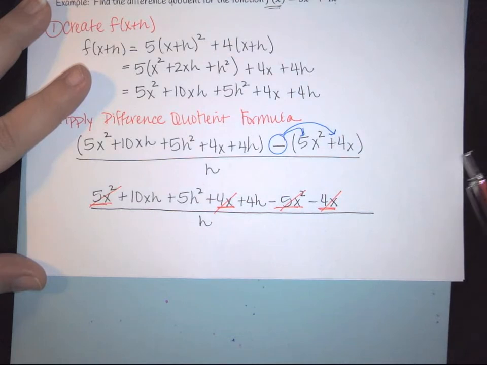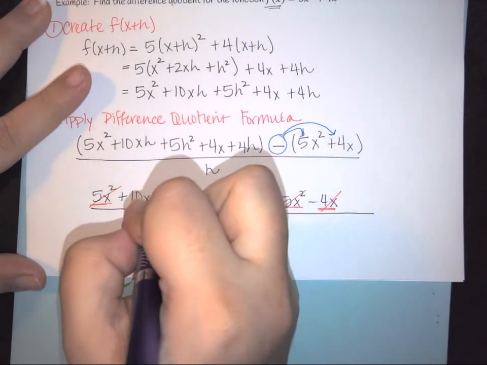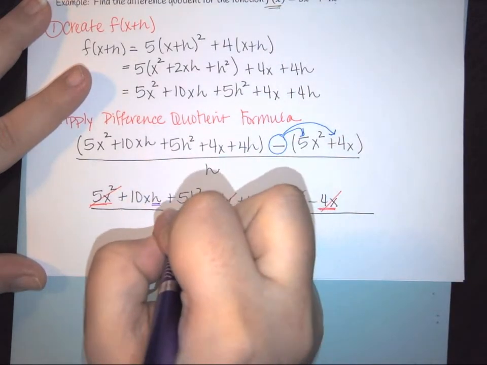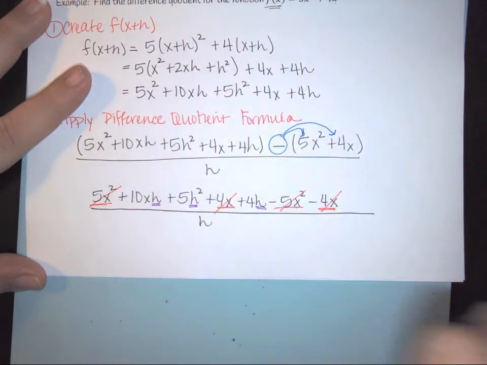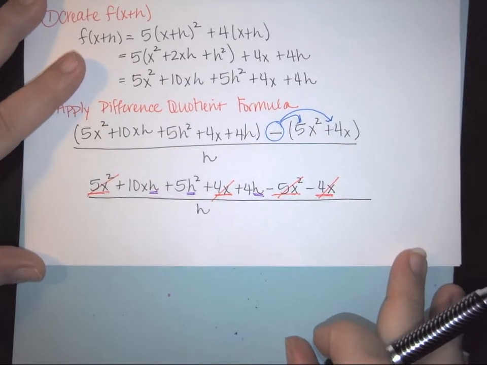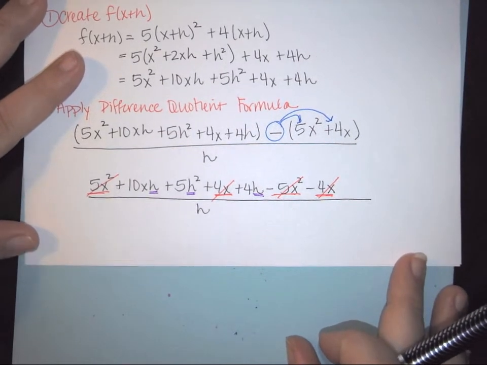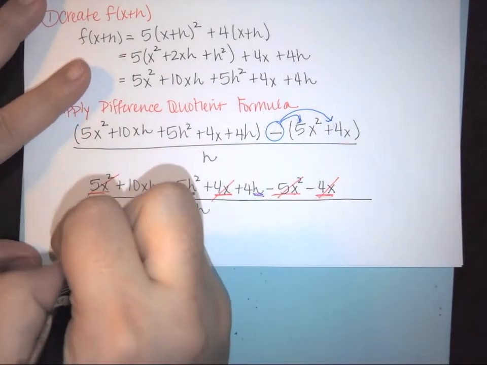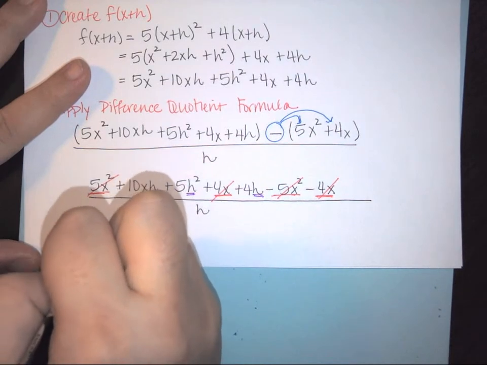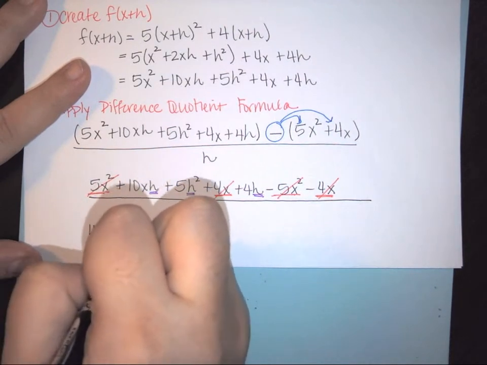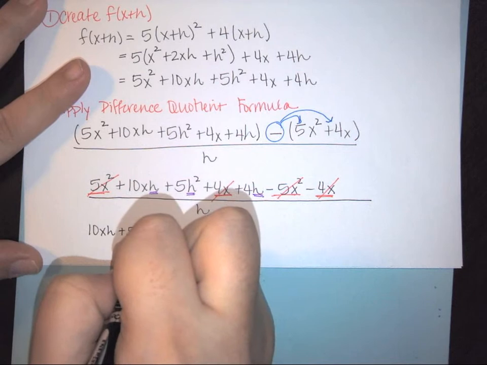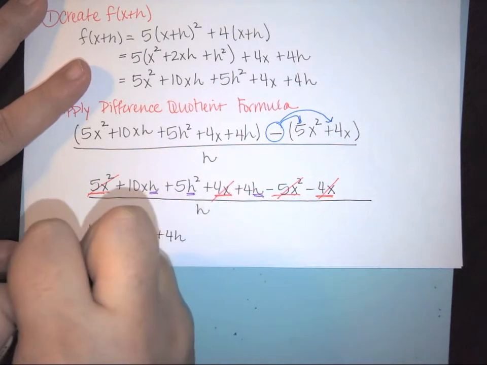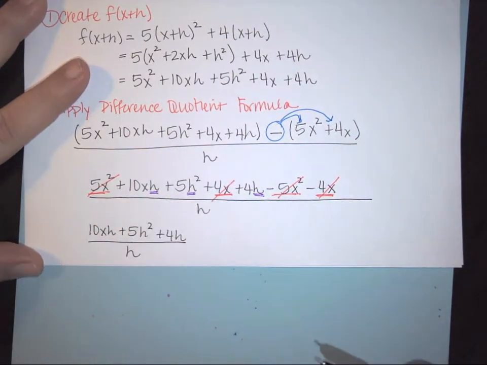And what you should notice is that the only thing that's left behind are h terms. As long as that's the case, then chances are you've probably done it correctly. So here, this is going to end up with 10xh plus 5h squared plus 4h. The whole thing is over h.